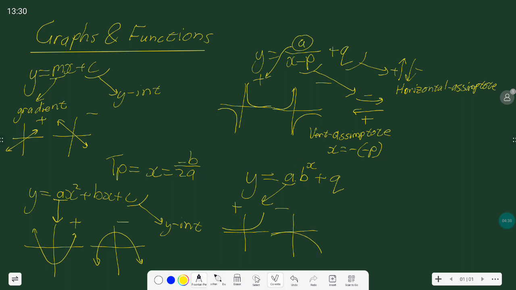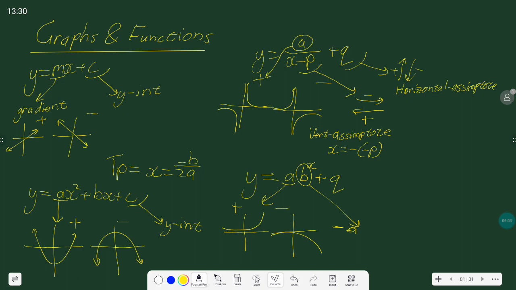Now my b value. There are a few rules for my b value. If your b value is negative, what will happen to the graph?